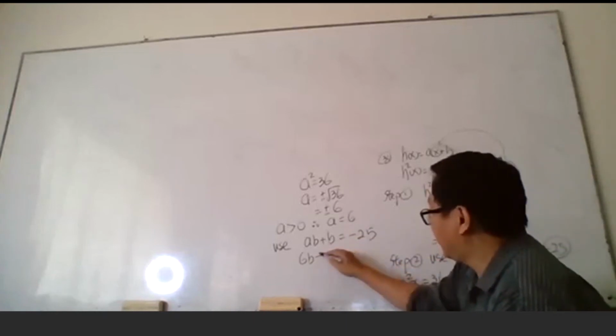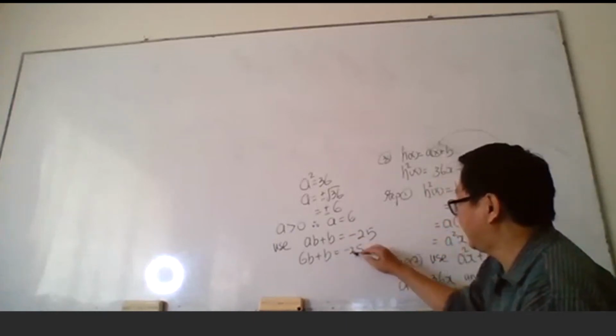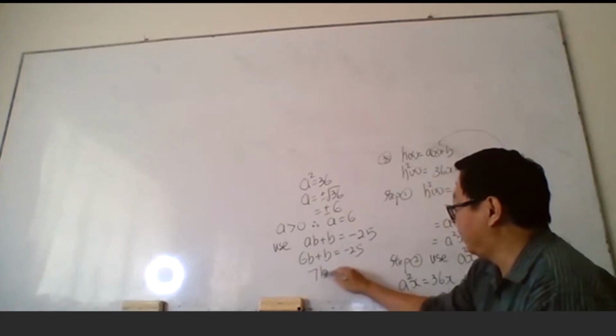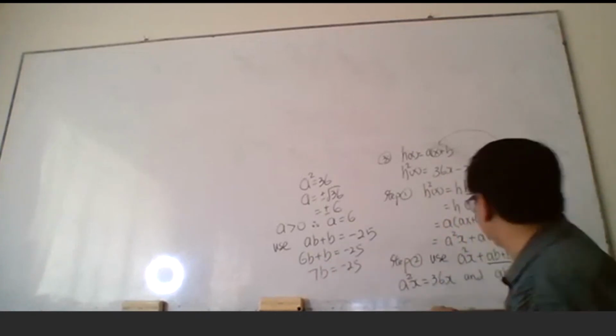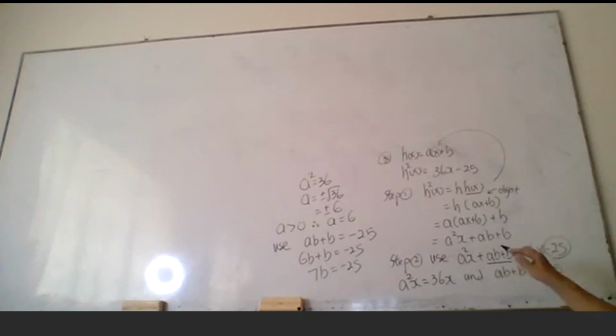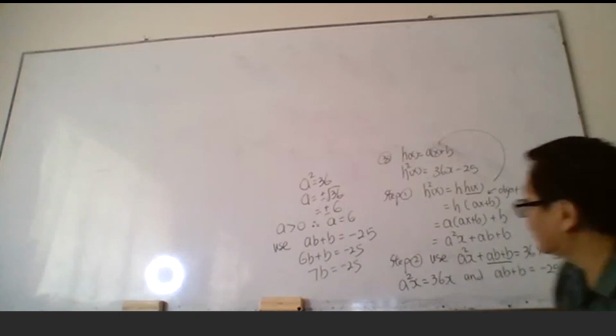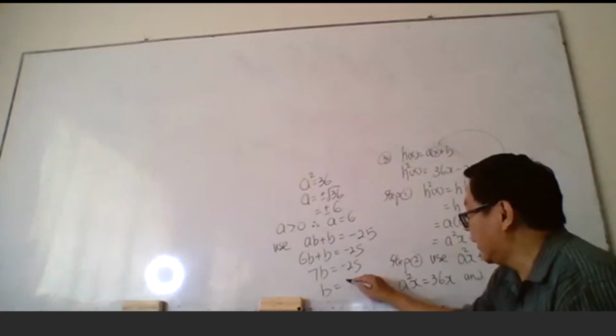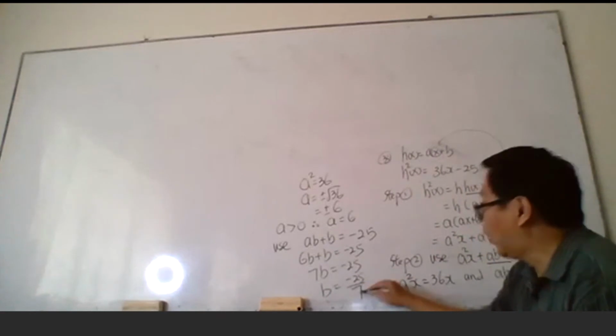So 6b + b will be -25, so 7b will be -25. Let me check whether the number is correct. Okay, and b will be -25 over 7.